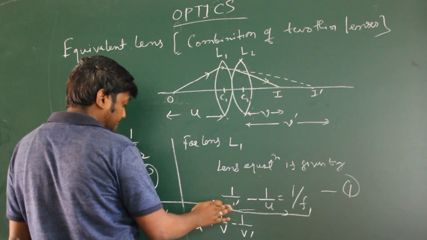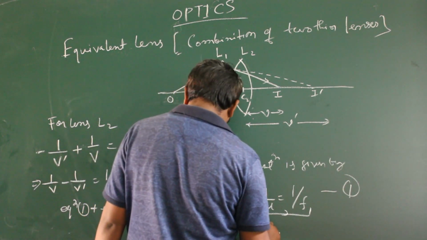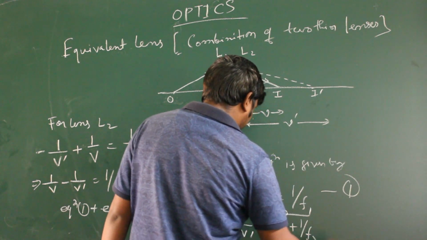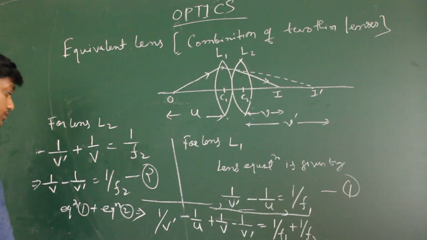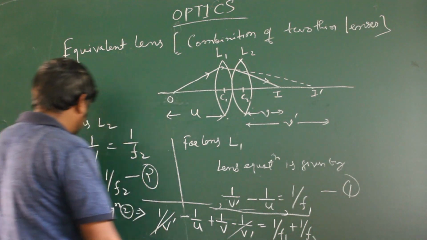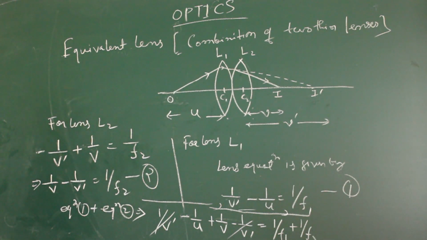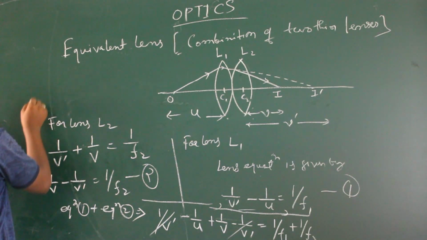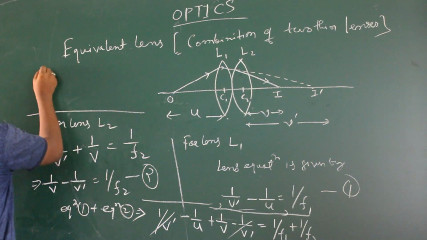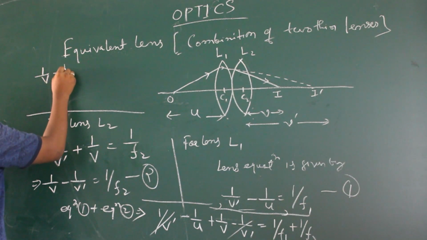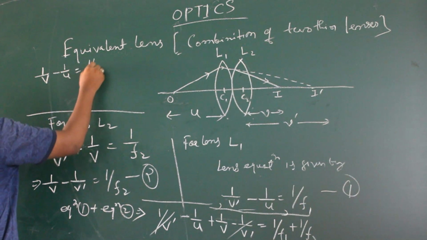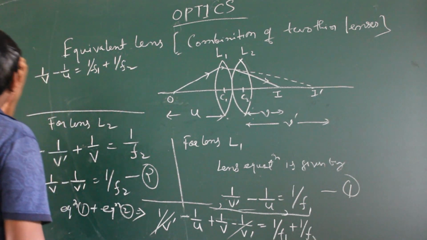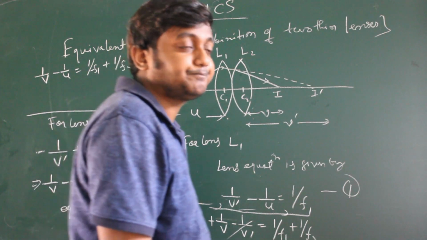This equals 1 by F1 plus 1 by F2. The V dash terms cancel, so this equation becomes 1 by V minus 1 by U equals 1 by F1 plus 1 by F2.